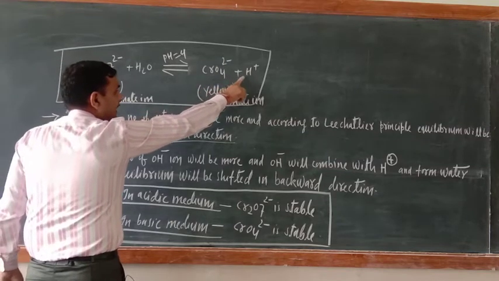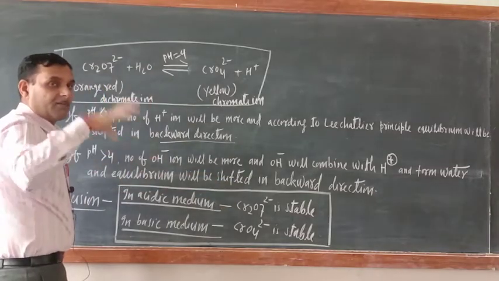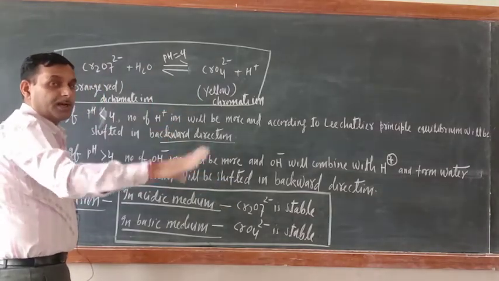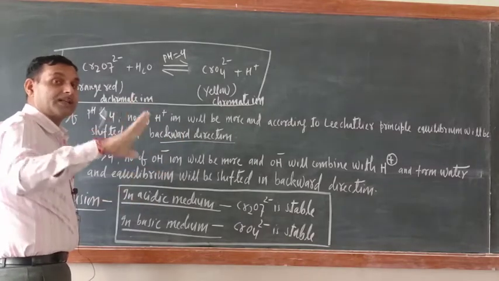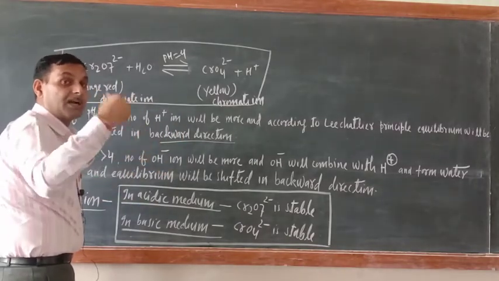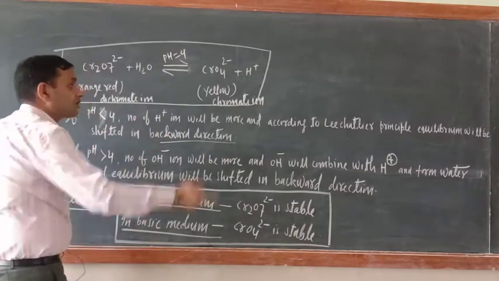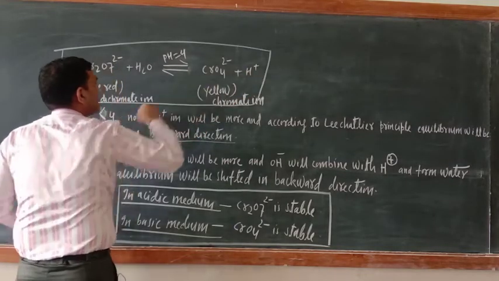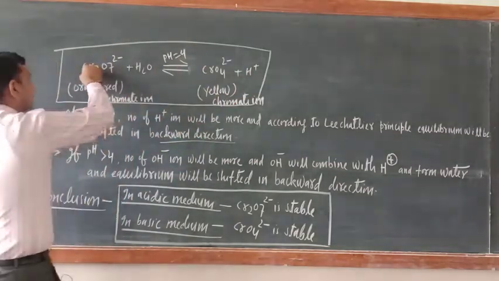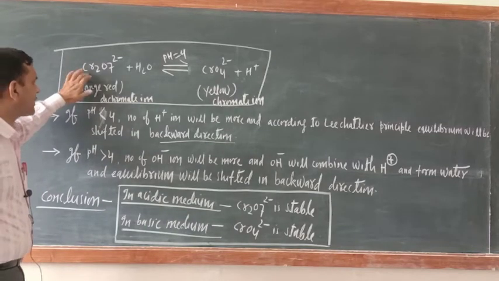According to Le Chatelier's principle, whatever change you impose, the system will adjust itself so that the imposed change can be undone. So you are increasing the concentration of H positive ion, so the equilibrium will shift in the backward direction.